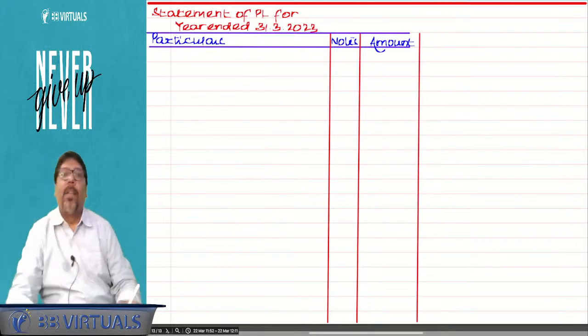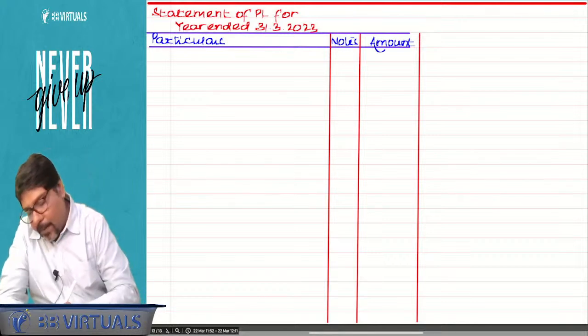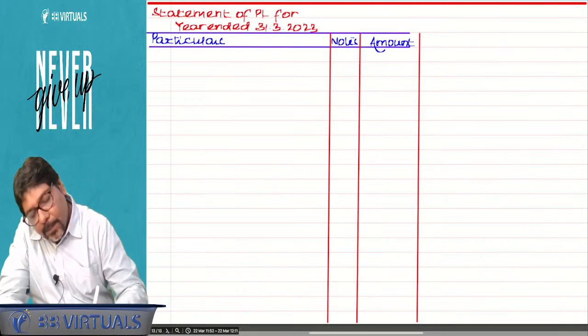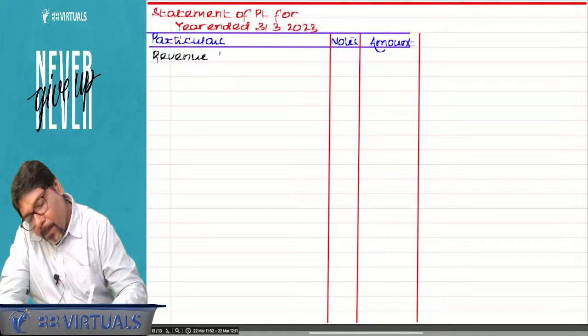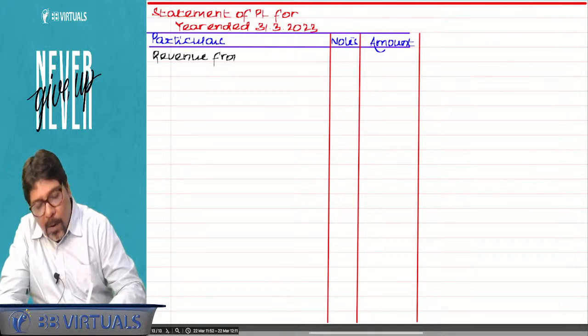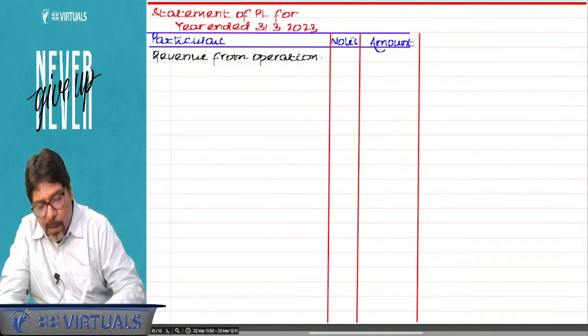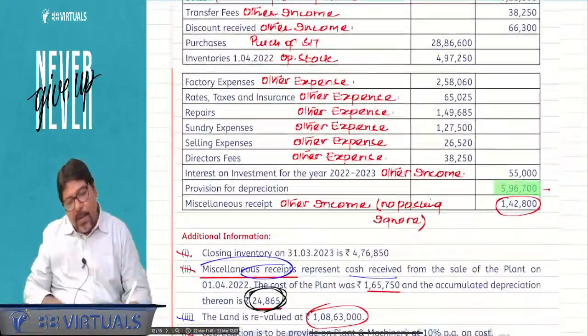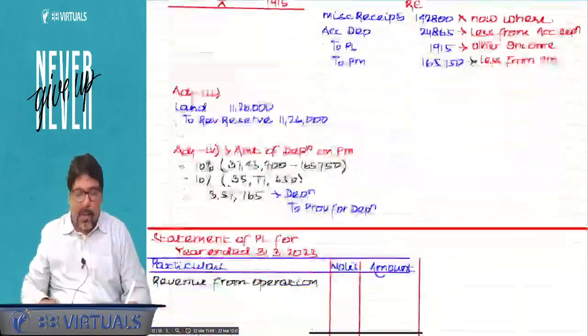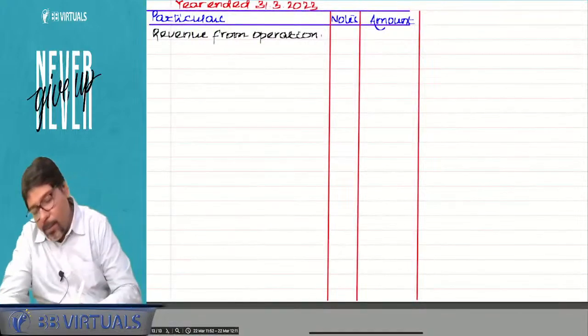First item in the statement of P&L is revenue from operation. Now chartered, is revenue from operation there? Yes. How much? Yes, sir, that is not given.